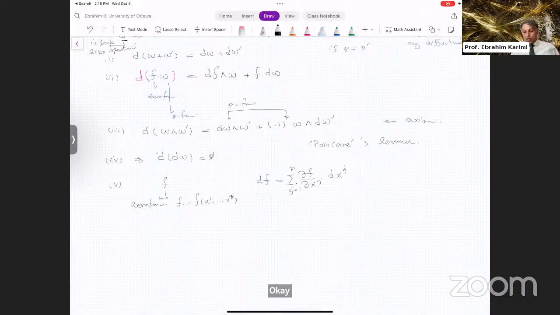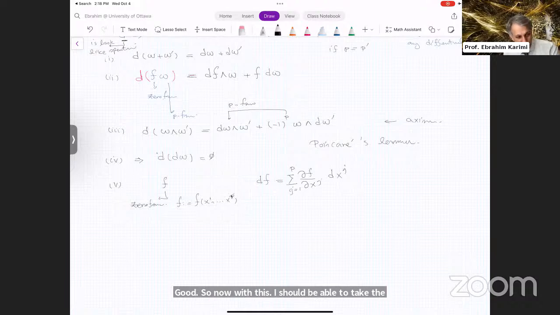Good. So now with this, I should be able to take the derivatives of these differential forms, and you will see in a few minutes why this is really, really important.